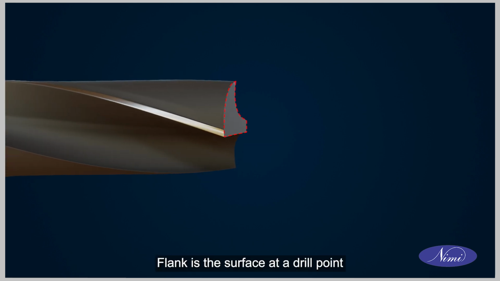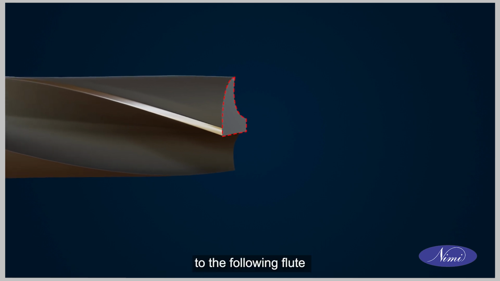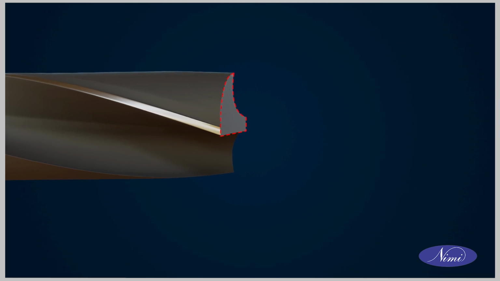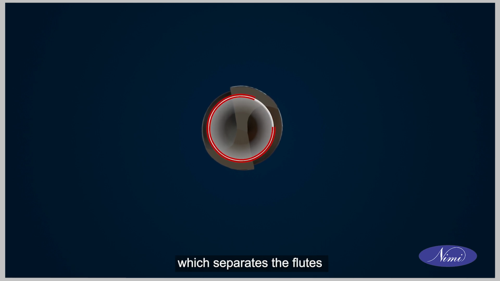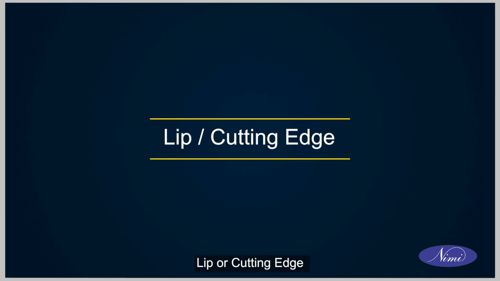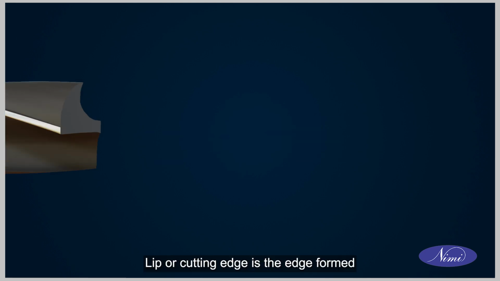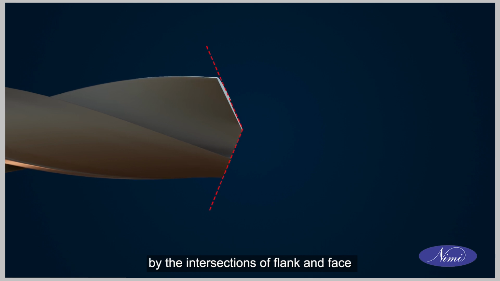Flank is the surface at a drill point that extends behind the lip to the following flute. Web. Web is the metal column which separates the flutes. Lip or cutting edge. Lip or cutting edge is the edge formed by the intersections of flank and face.